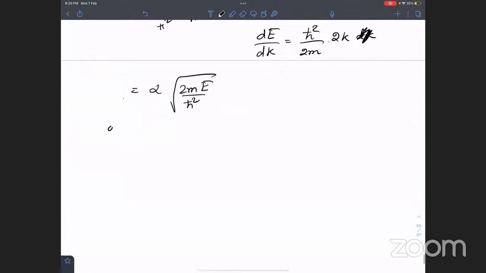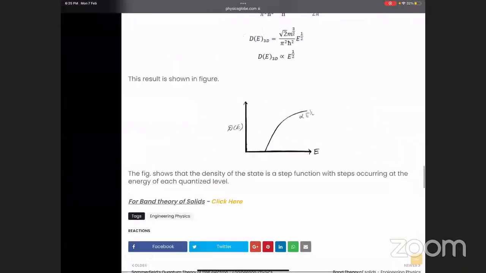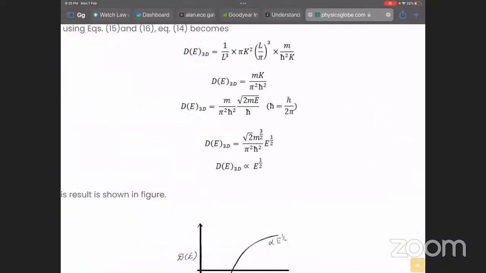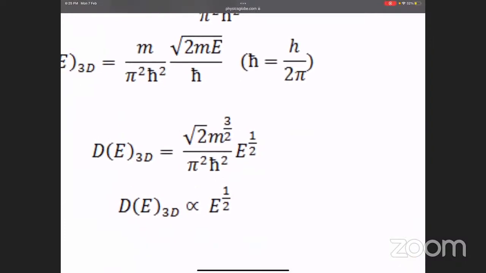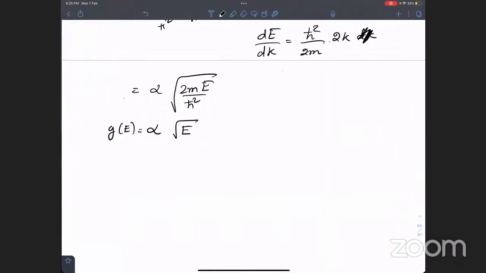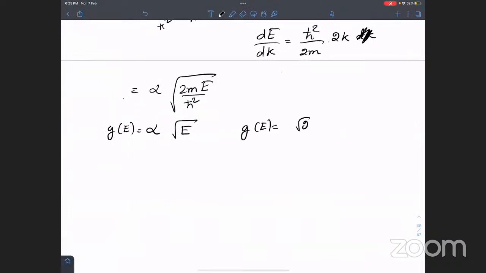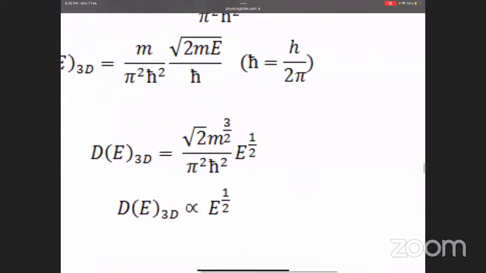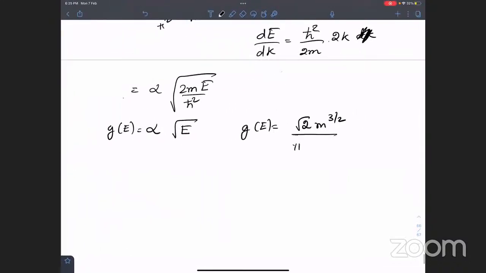So you see that for g of E, the coefficients I'm going to leave it to you to work out, but it's going to come out proportional to root of E. So the exact expression for g of E is root 2 m to the power 3 by 2 by pi square h bar square into E to the power 1/2.